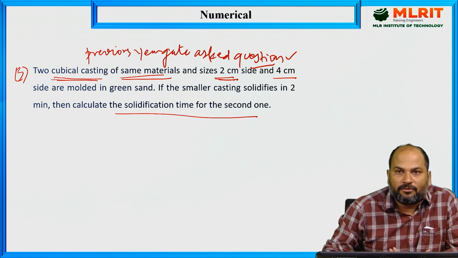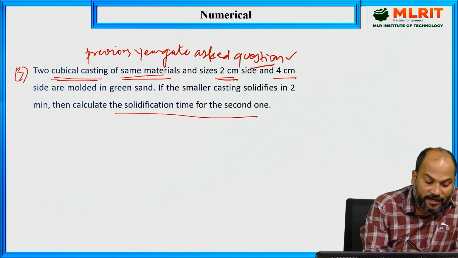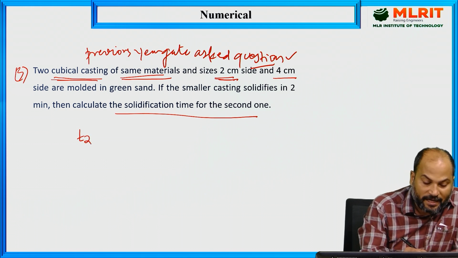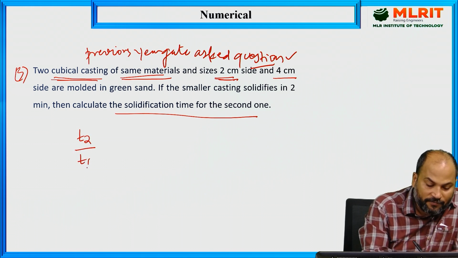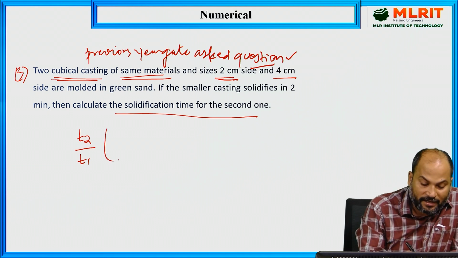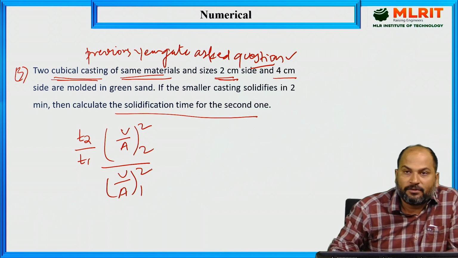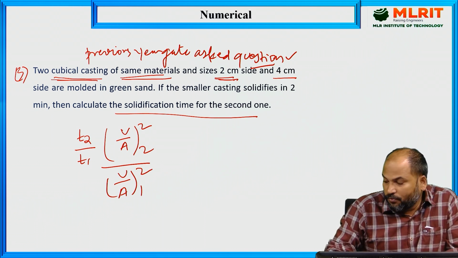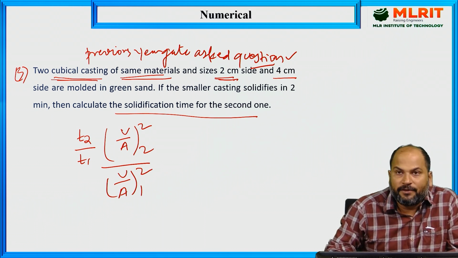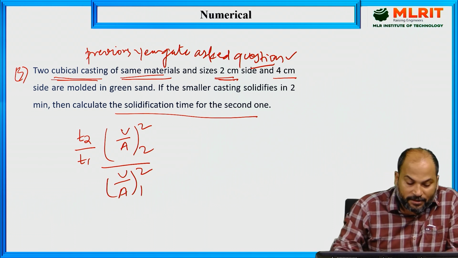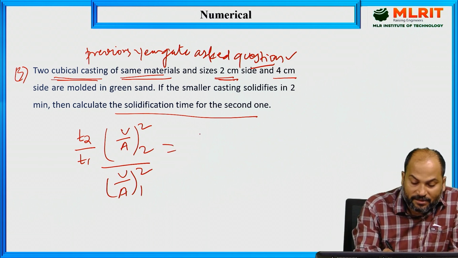So simply we'll apply the solidification time formula. If we write T2 for the solidification time of the second casting upon T1, the solidification time of the first casting, we can write volume upon surface area of the second one, squared, to volume upon surface area of the first casting, squared. Now we'll put in the values. Already we know that in the case of a cube, volume upon surface area is nothing but side length upon 6.